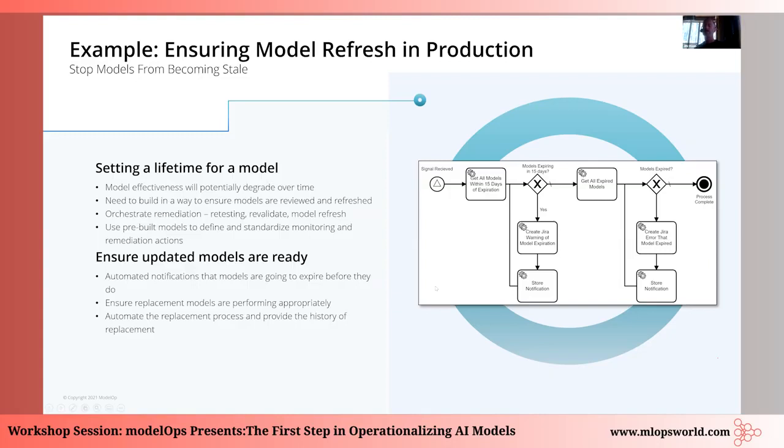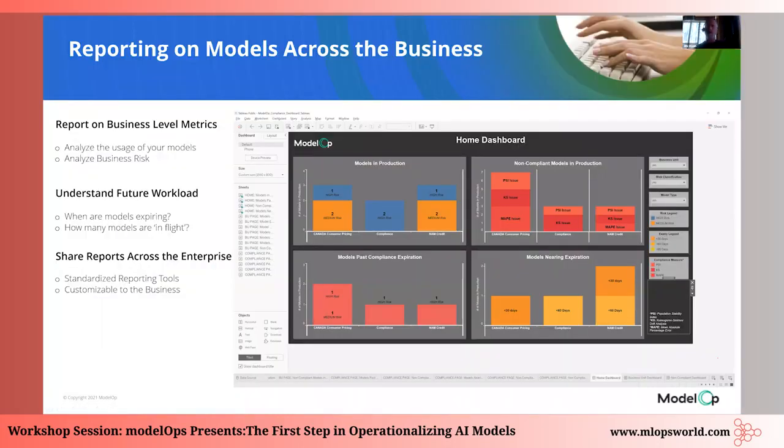And finally, it's not really a model lifecycle, but I think it's a really important part of the whole ModelOps solution: being able to look at models from a business level across all of your models. Often, as data scientists and such, we look at models at a very low level of performance numbers, et cetera, and we look at them on an individual or maybe a comparative basis.